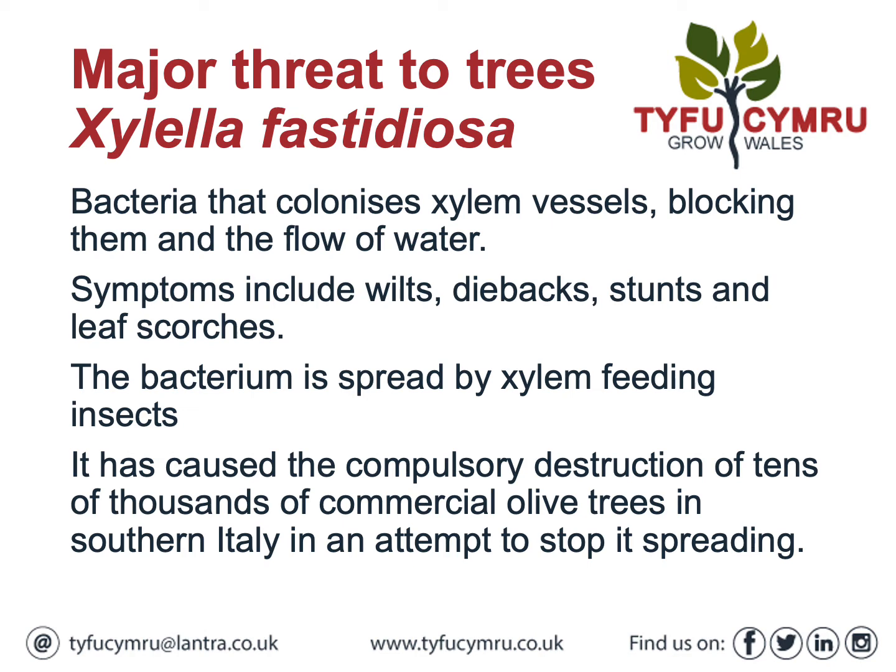So the bacteria block those vessels so that water can't flow. And that means that symptoms from this pathogen include wilts and diebacks, growth disruption and stunts, and leaf scorches that look like heat damage or frost damage.